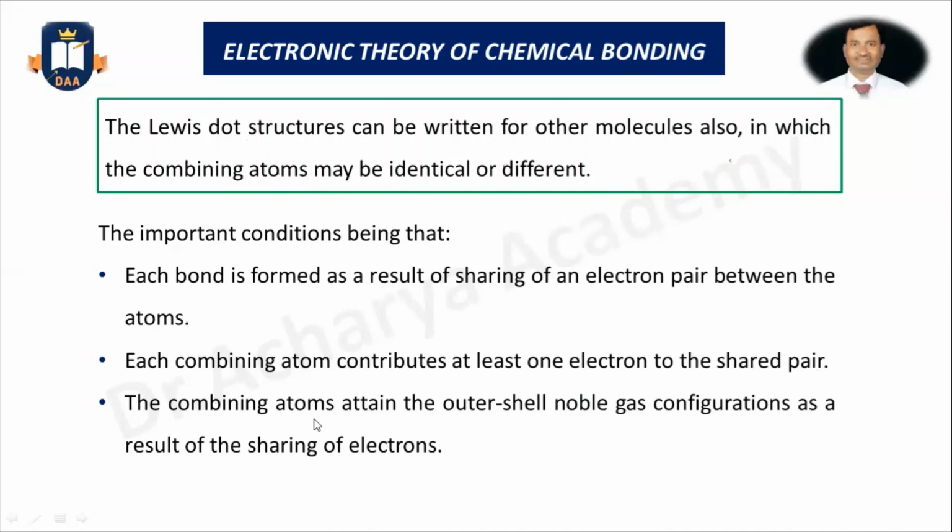Number three, the combining atoms attain the outer shell noble gas configuration as a result of sharing of electrons. These three conditions should be fulfilled to form molecules from atoms in respect of the Lewis dot structure.